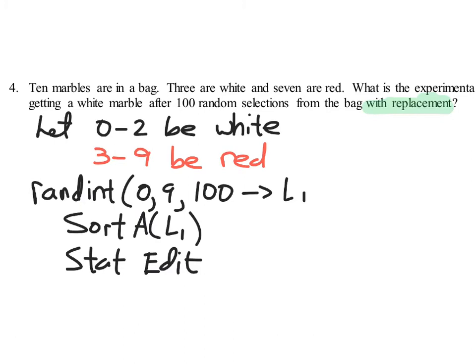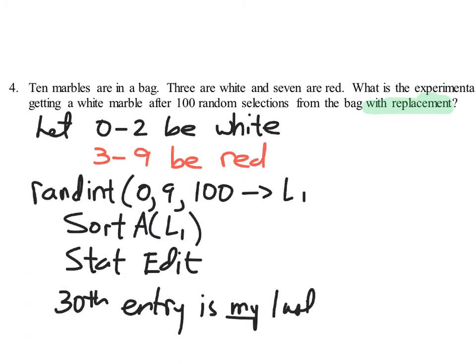Now I'm looking for all the white marbles. So 0s, 1s, and 2s are my whites. My 30th entry is my last white marble. All right. And again, it could be different for you.